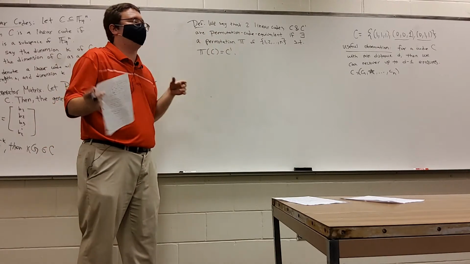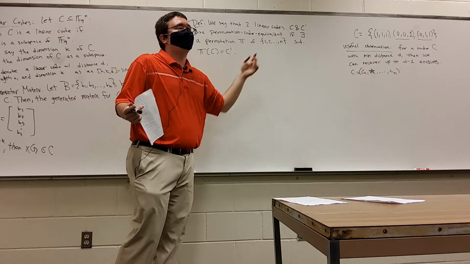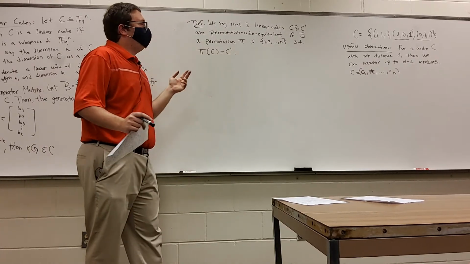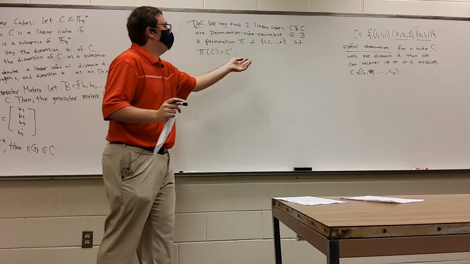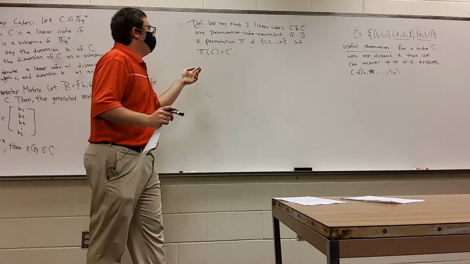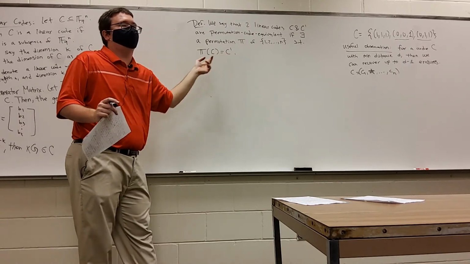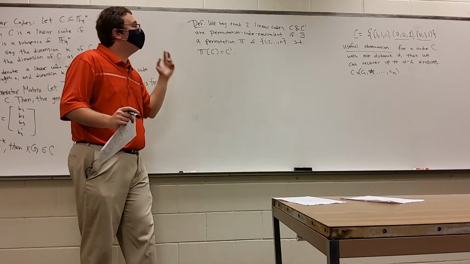And how this permutation acts is it will permute the coordinates of your code words. So if every code word in C prime is just some code word in C with its coordinates flipped around, then they are equivalent.